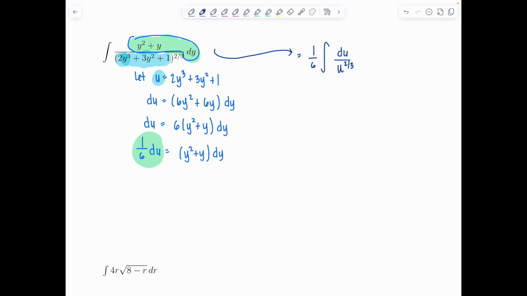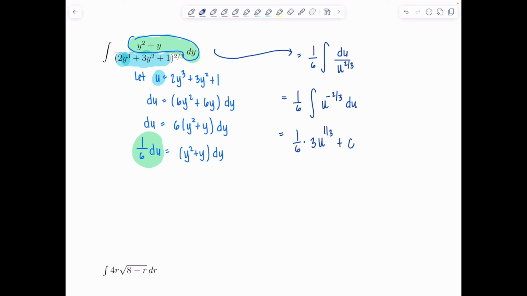So then this is 1/6 integral u to the negative 2/3 du. Now we can take the antiderivative, so don't write the integral sign, don't write du. You're going to add 1 to the exponent and divide by the new exponent. The new exponent is going to be u to the 1/3. And dividing by 1/3 is the same as multiplying by 3.